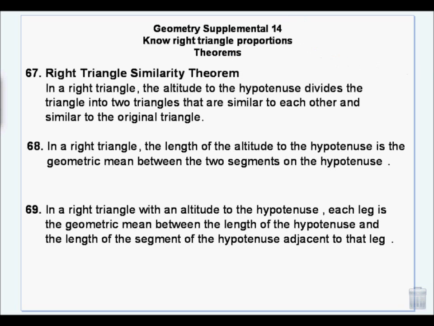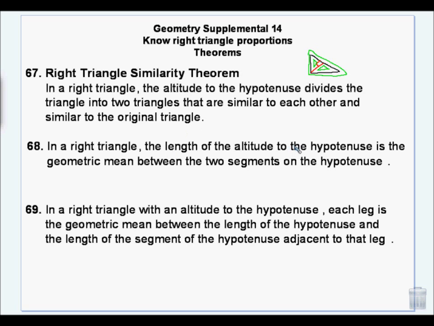So if we have a right triangle and we have an altitude, then this triangle is similar to this triangle, which is similar to the big triangle. So the 2 small triangles are similar and the large triangle, so all 3 are similar to each other.